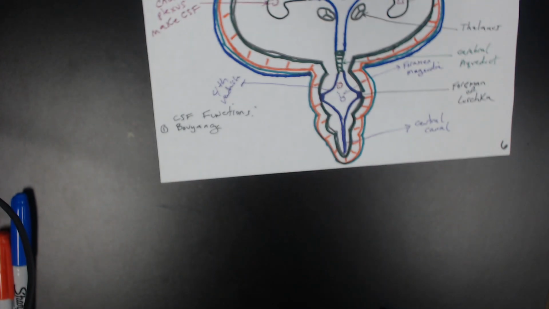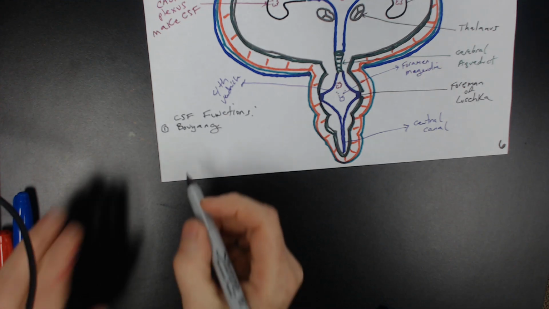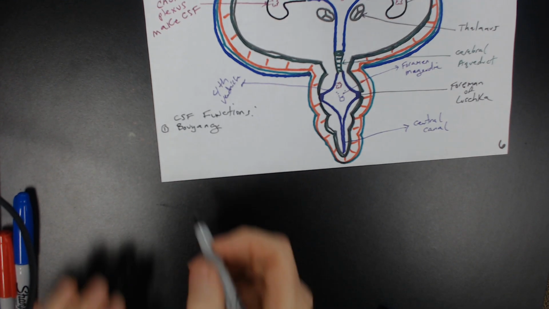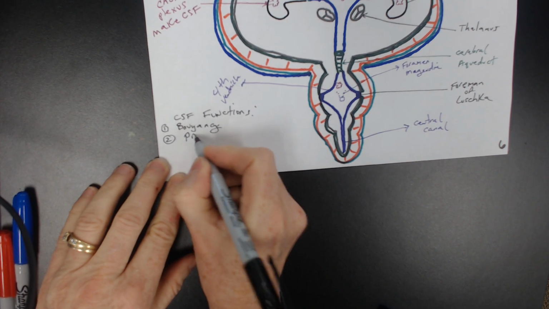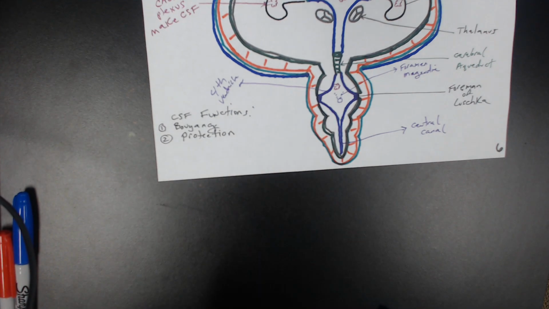And that gives a nice buoyancy to the CNS, because the brain is floating around in that cerebrospinal fluid. It also adds a layer of protection. Okay. It helps to protect the CNS.